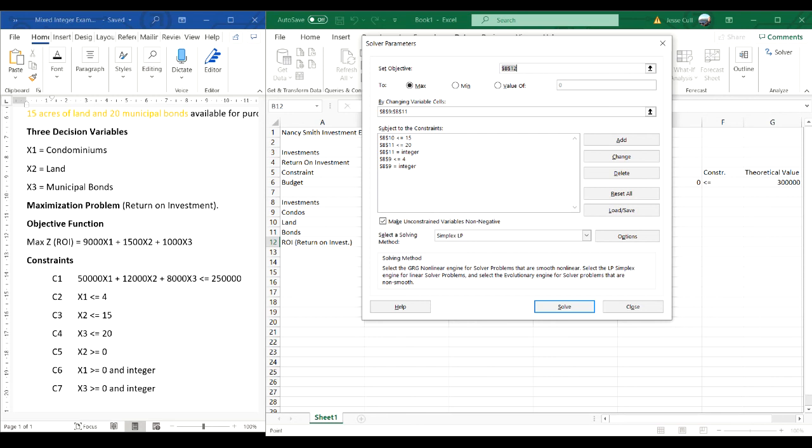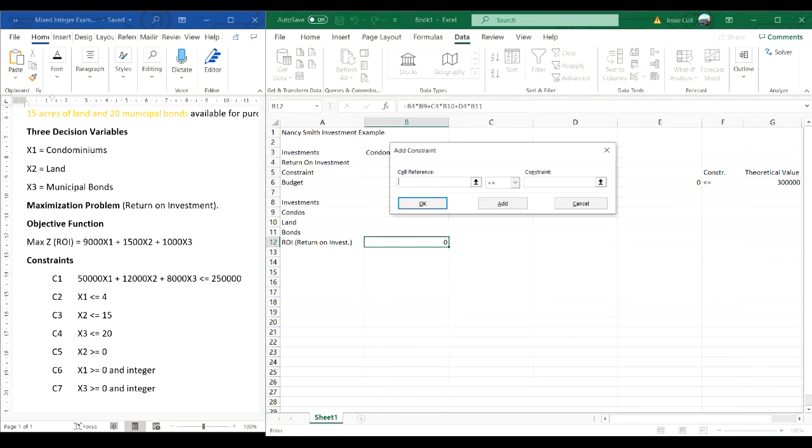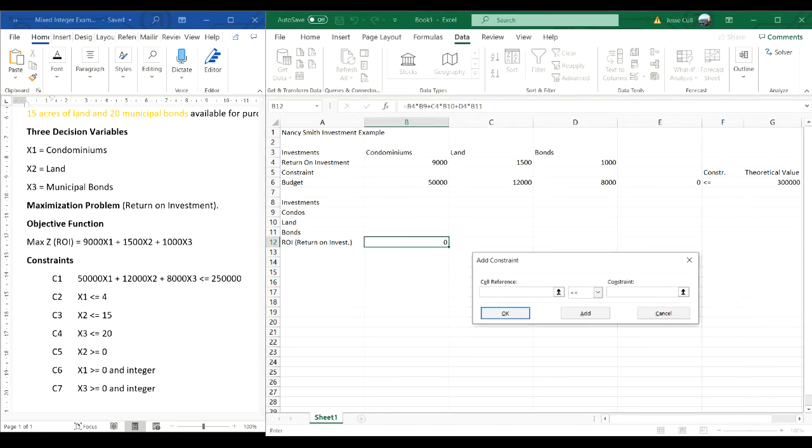Now we have one final constraint to add. We'll come up here. And our final constraint is that E6 must be less than or equal to G6.